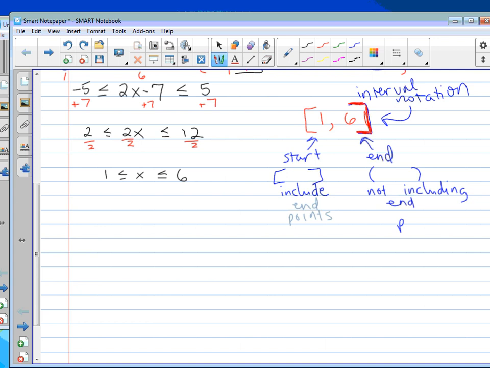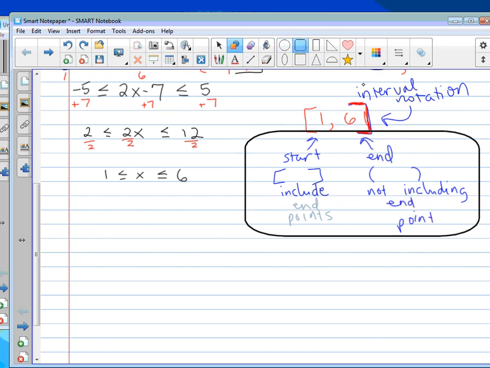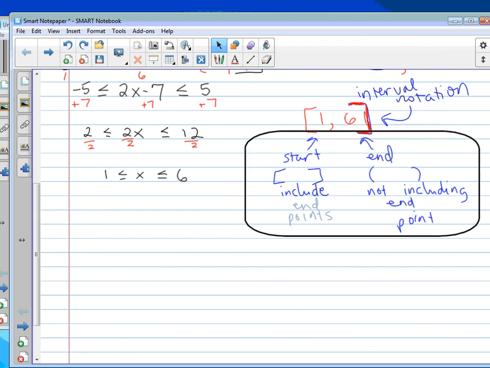Sometimes you can scoot around. And let me put a magic box. There's green, or there's a shade of blue. Man, this is just not wanting to cooperate.